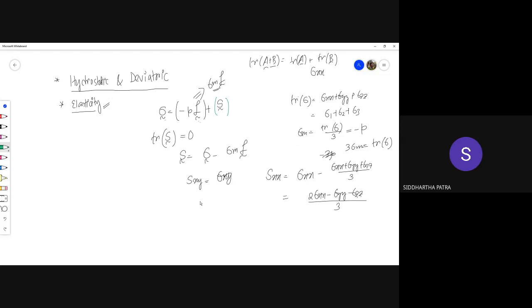Once we enter into plasticity, we would realize that this is the only component of the stress tensor that we are interested in when we are talking about plasticity, at least metal plasticity.